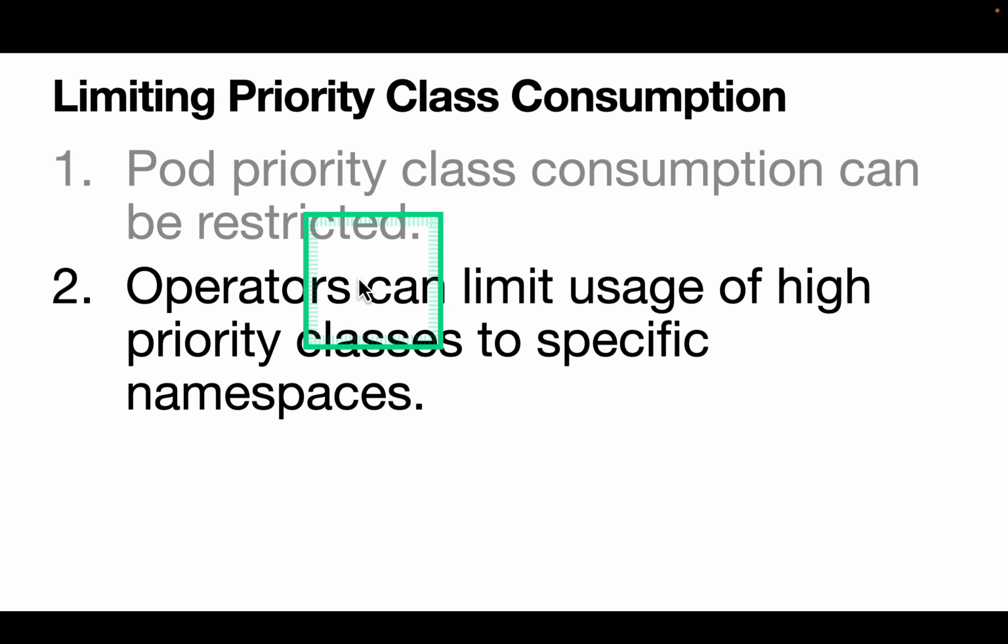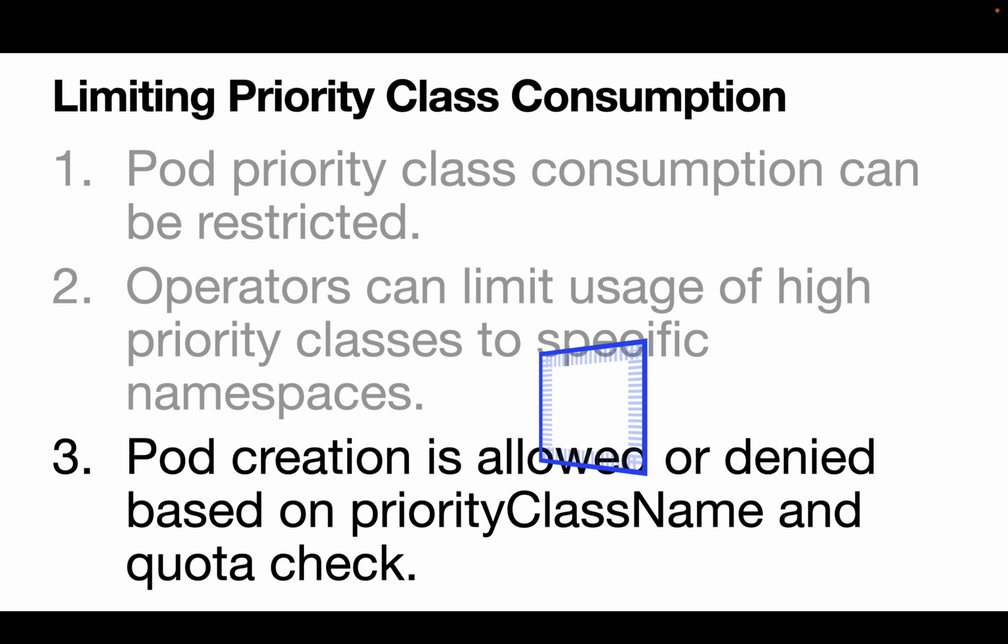So you can set limits for priority class consumption, so that operators can limit usage of high priority classes to only specific namespaces. High priority namespaces can use the priority class, but not all other namespaces. And pod creation will be permitted if the pod's priority class name and quota check match. So there is compliance between these two values.